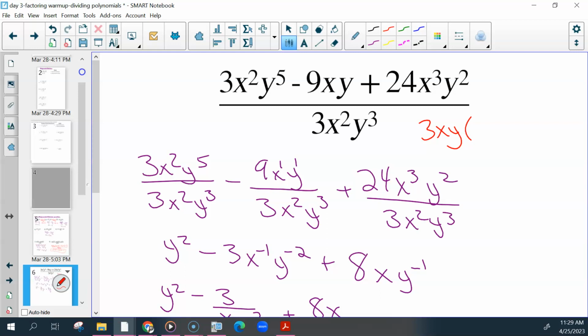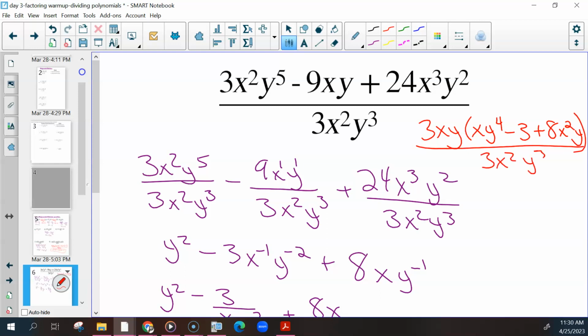What would be left? And then it will still be all over 3x squared y to the third.